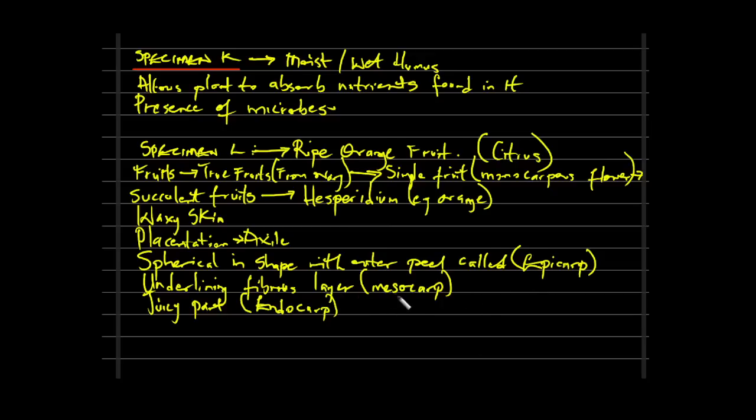We have the mesocarp, which is the fibrous lining, and then the endocarp, which is the juicy part. This is an example of what we are talking about here. You can see the orange. This outer part is called the epicarp. This part in the middle that has tiny white here is called the mesocarp, and here is the endocarp.